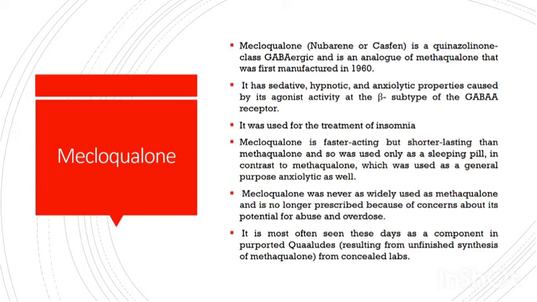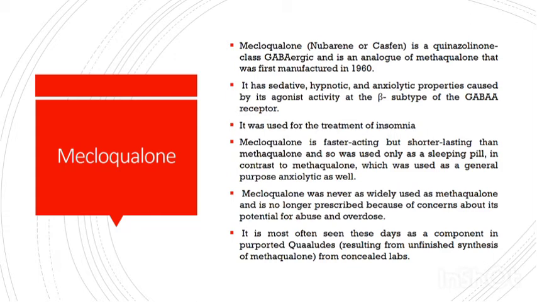So this is a derivative of that one, and it has sedative, hypnotic, and anxiolytic properties caused by its agonistic activity at the beta subtype of the GABAA receptor, and it was used for the treatment of insomnia. So when you have any sleeping problems, you can be prescribed this one.